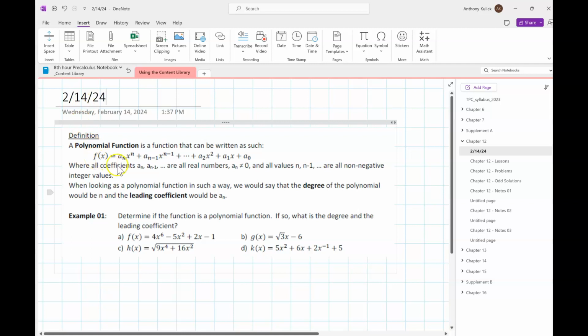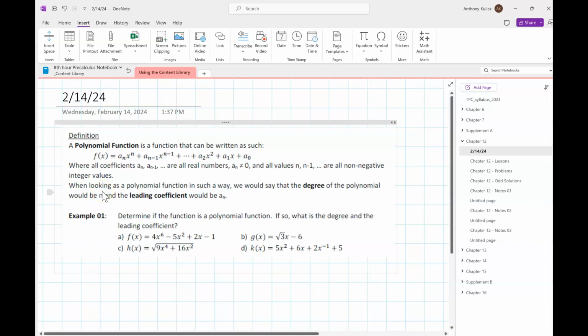So a polynomial function is something where you have some coefficient times a variable to a power, and then plus some other coefficient times some variable to a different power, etc. The thing to remember here, the coefficients in a polynomial can be any real number. The exponent, though, in a polynomial must be a non-negative whole number. No decimals, no negatives. Okay?